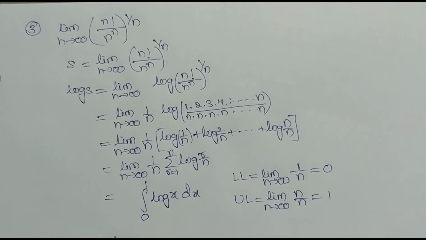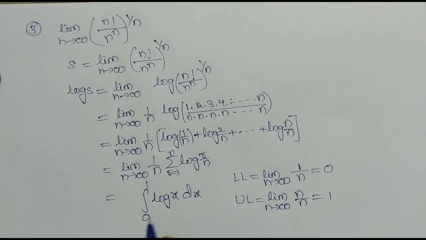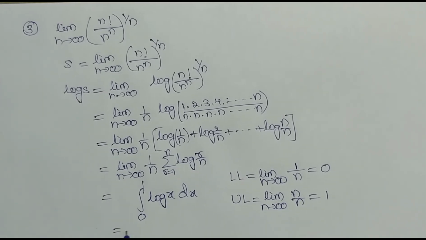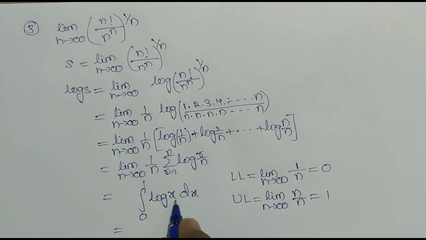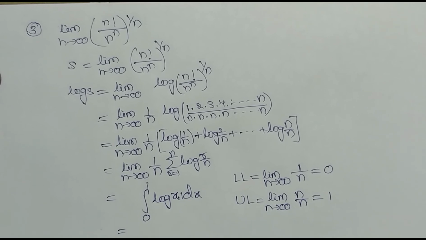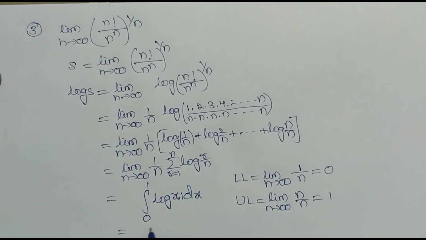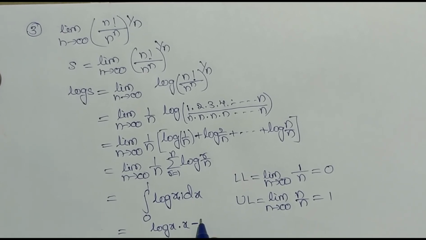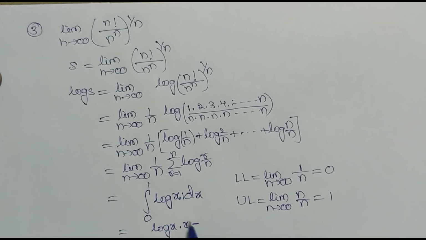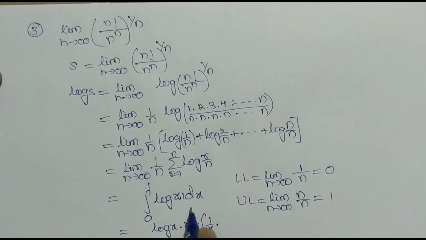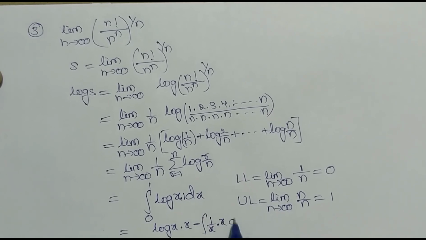Now for this, what is the integration of log x? We have to do integration by parts. Log x into 1 we have to take. So log x, you take it outside first, 1 integration is x, minus integral of log x differentiation, which is 1 by x, and 1 integration is x dx.